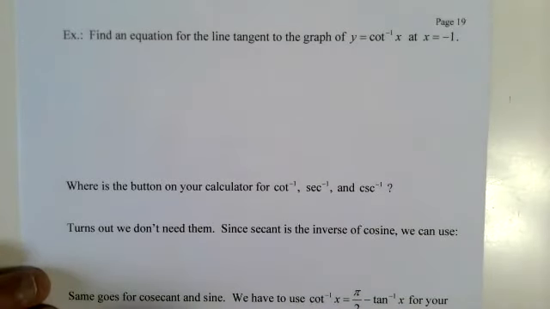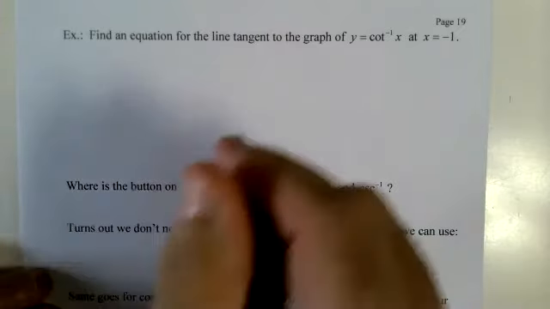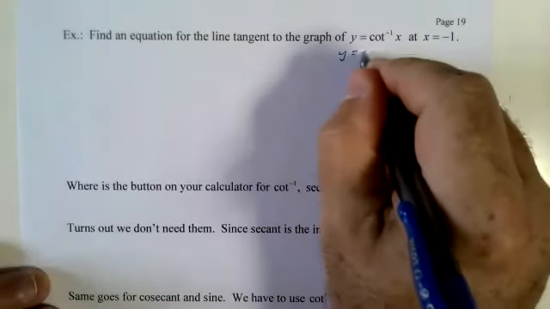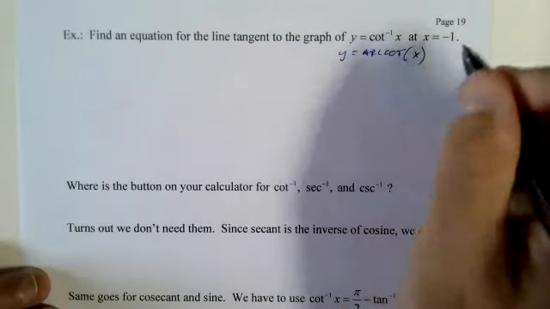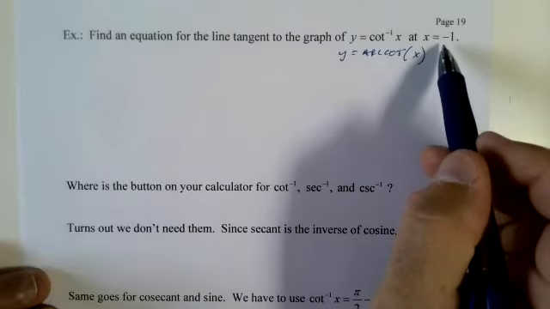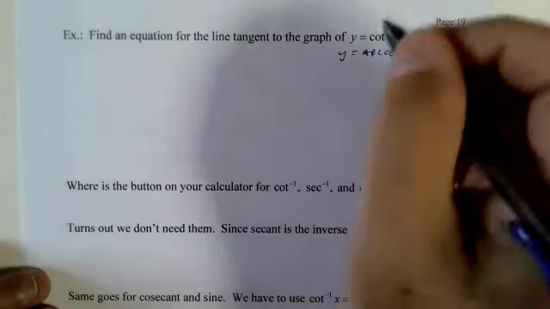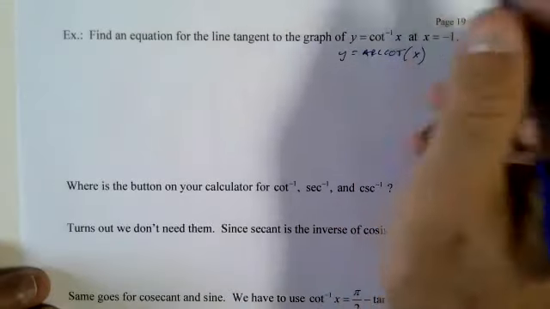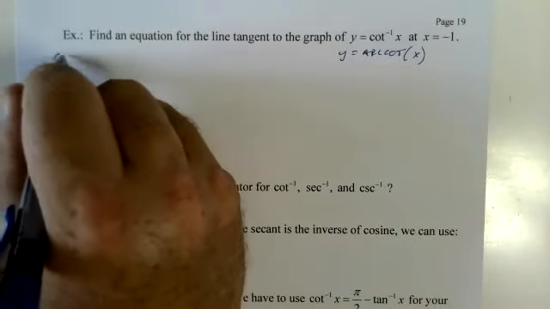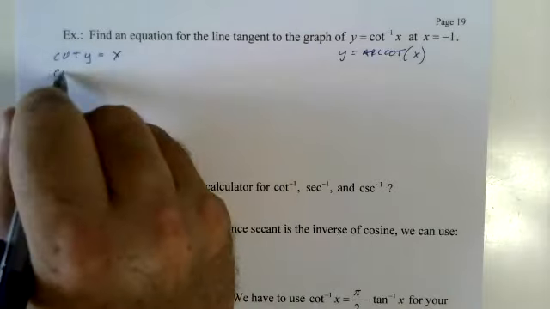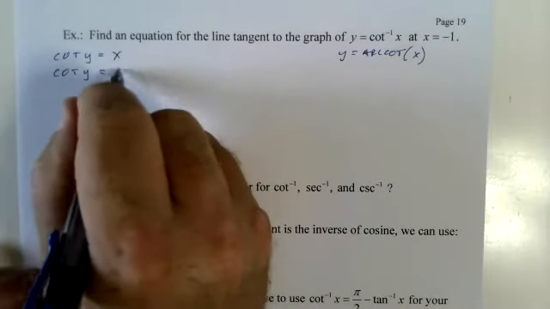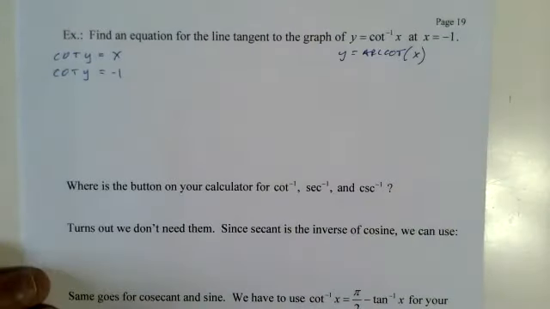Find an equation of the line tangent to the graph of y equals, well, we didn't do arc cotangent. Yeah, it's just negative. So y equals arccotangent x. Nice. Wait a minute, find the equation of the tangent line. That means I need the point. I do know that cotangent of y equals x. So where does cotangent of y equal -1?